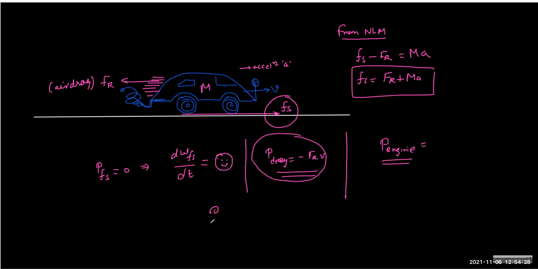So power of engine plus power of static friction plus power of the air drag must be equal to the rate of change of kinetic energy, because power is the rate of doing work, dW by dt. This is the fundamental equation of power.